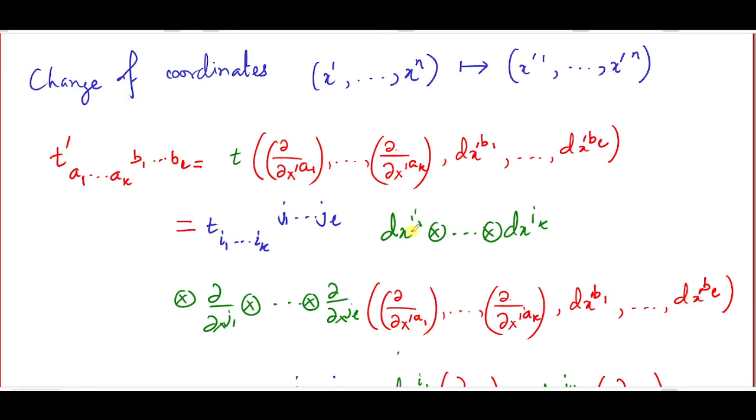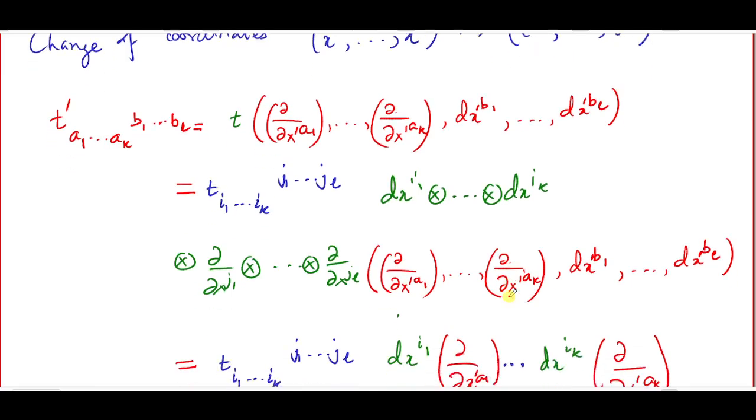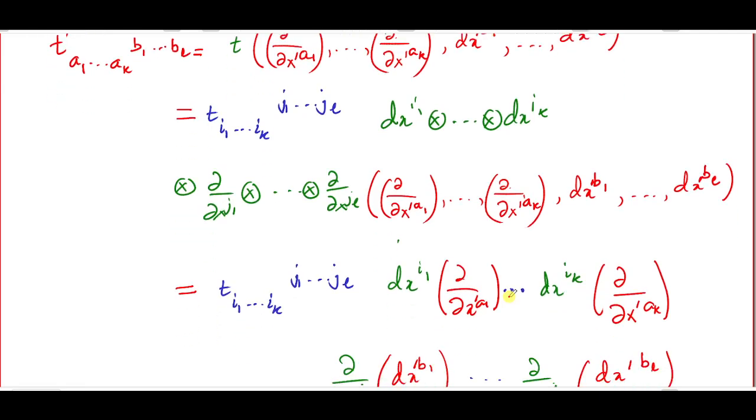Now, once again, what does the tensor product do when it's fed a series of arguments? It just feeds the individual terms, each of the arguments in turn. So, this expression is the same as dxi1 getting to eat up del del x prime a1, dxi2 getting del del x prime a2 as an argument, all the way up to dxik getting del del x prime ak as an argument.